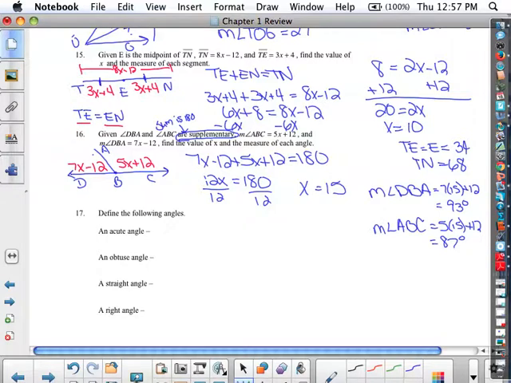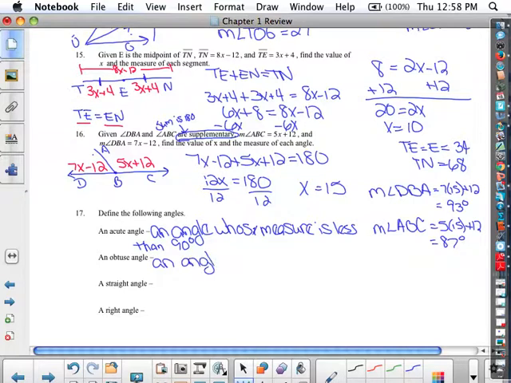Then you're asked to define the following angles. An acute angle is an angle whose measure is less than 90 degrees. An obtuse angle is an angle whose measure is between 90 and 180.